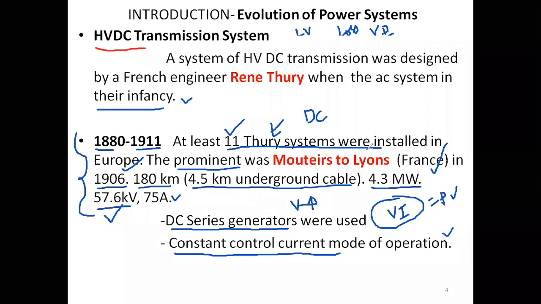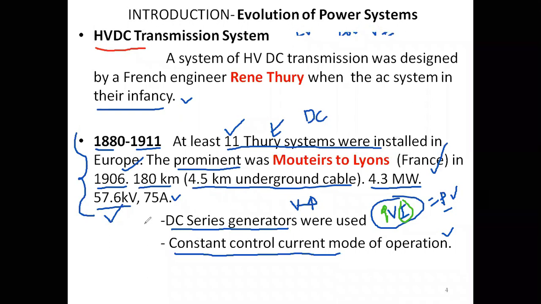That means this DC current was fixed, but to maintain the power constant, you have to vary the voltage. There is a variable voltage in the DC system, and the current is constant. In AC, it was different: voltage was fixed, and current changes in order to maintain the power constant.